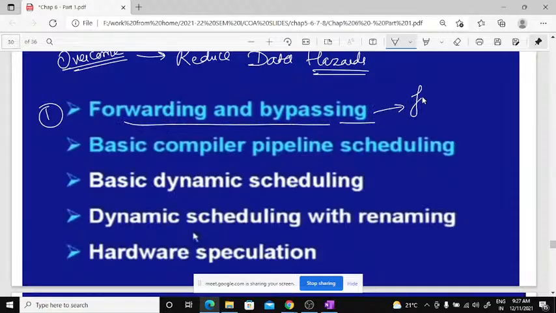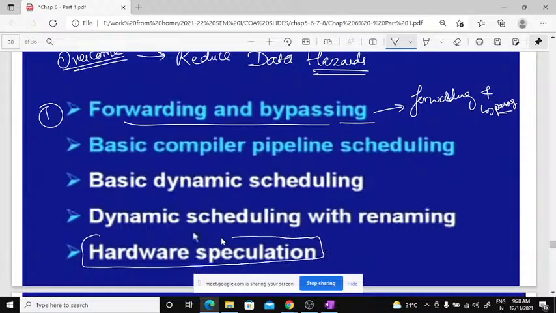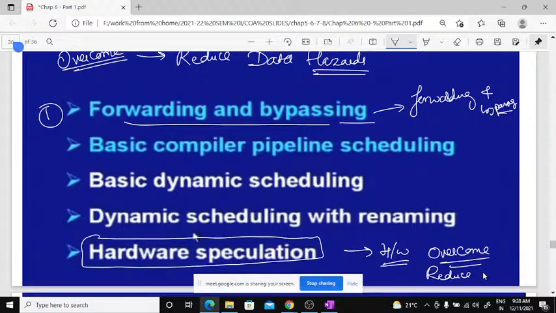The first technique is forwarding and bypassing. Then basic compiler pipeline technique, dynamic scheduling with renaming, and hardware speculation, which, as the name indicates, depends upon the hardware. So these are the techniques to overcome or reduce the delay in data hazard.